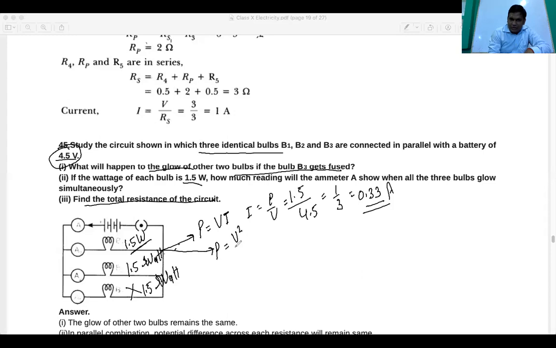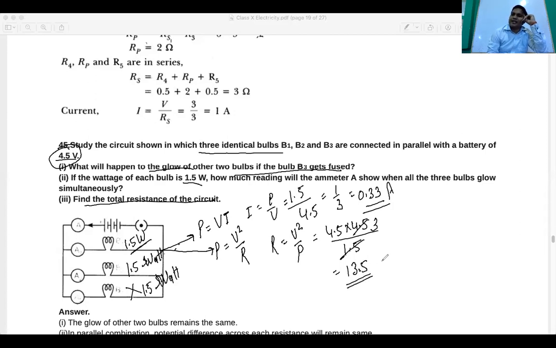P is equal to V square by R, and this R can be written as V square by P. The voltage is 4.5 volt, 4.5 into 4.5, and power is 1.5, which gives 4.5 into 3, so the resistance will be 13.5 ohm for R1.